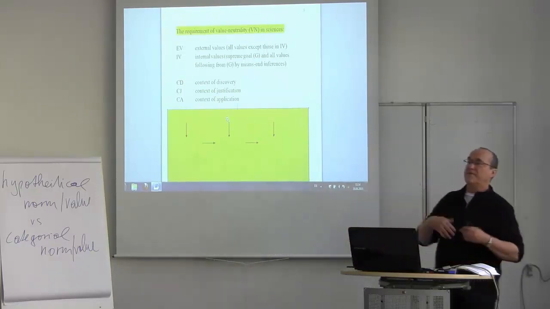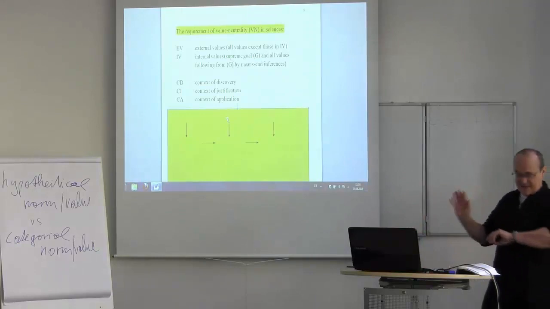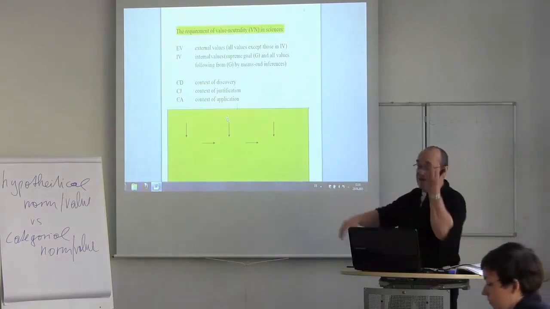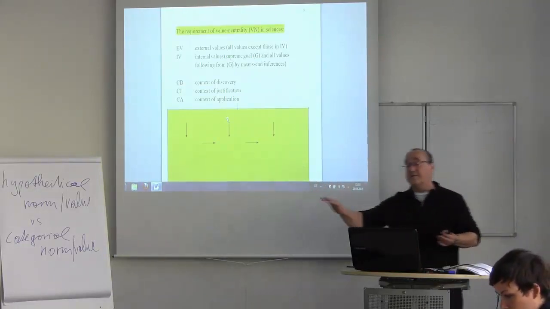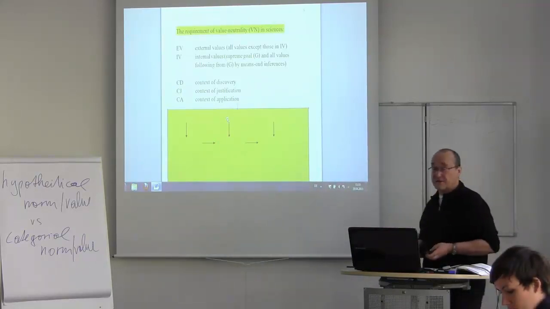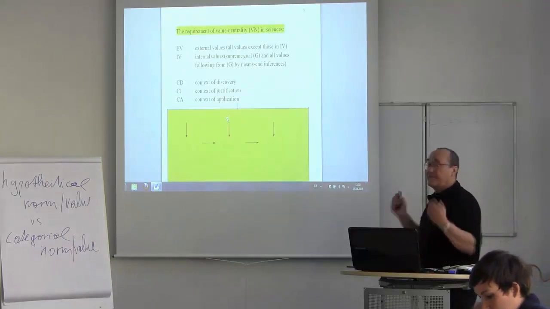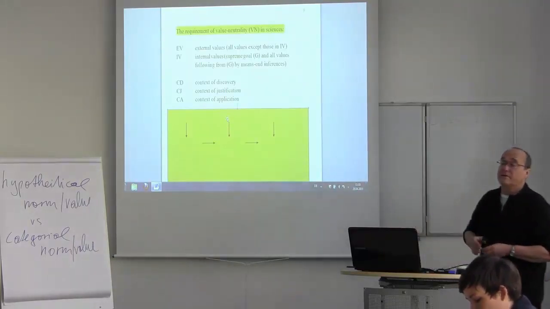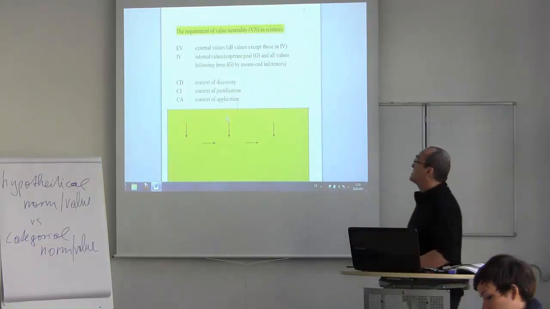Ultimately you come up with a research paper, saying, well, these hypotheses can be rejected or weakened, this hypothesis is best. This is the context of justification, ultimately coming up with a certain degree of confirmation of certain hypotheses.